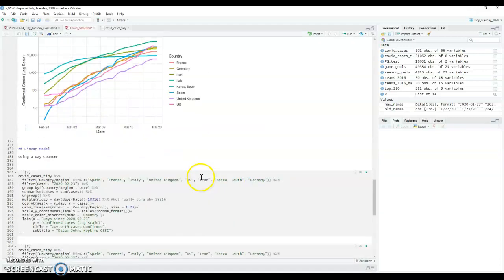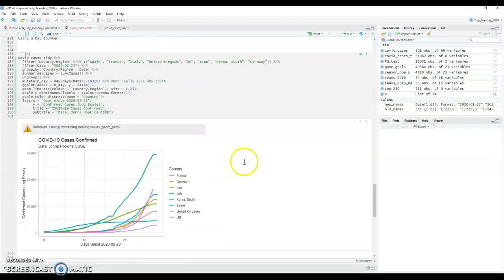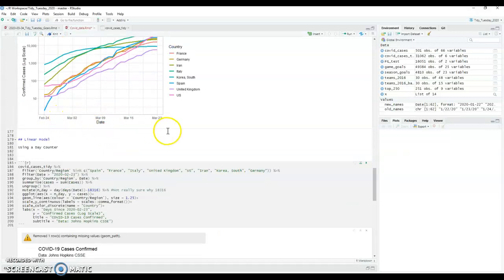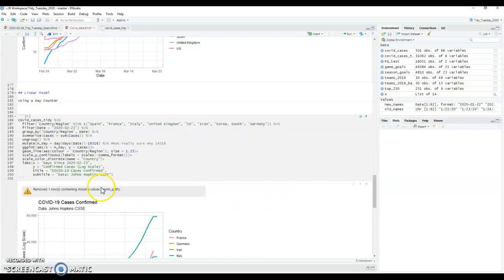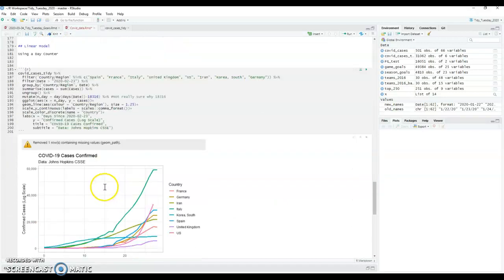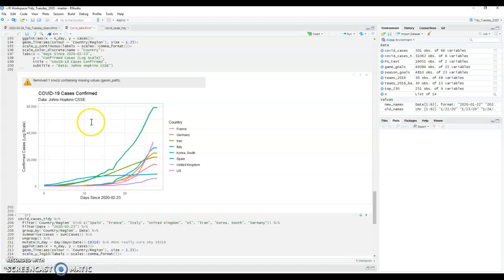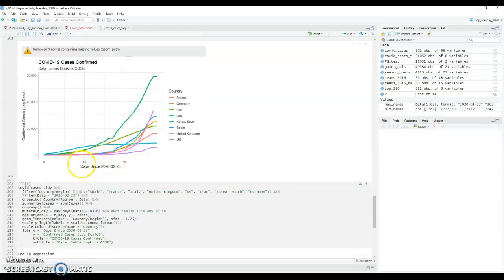I'm going to continue on here, and we'll have a look. This is another plot. In this case, rather than using dates, I've taken our base date, and I've said, from February 23rd, that's going to be day 0.